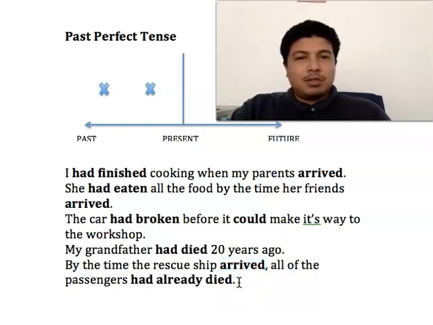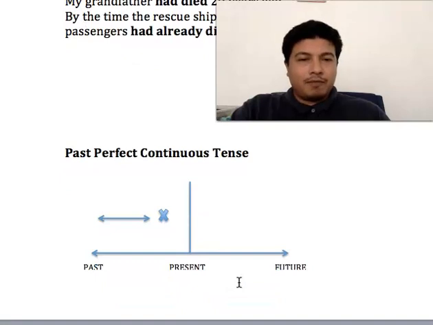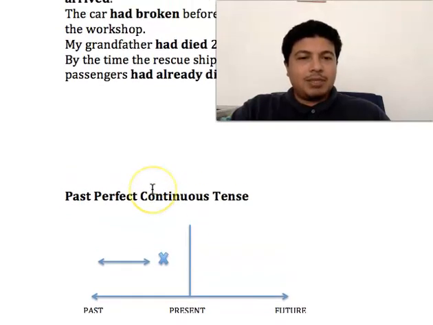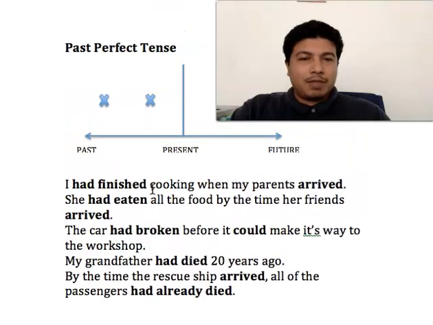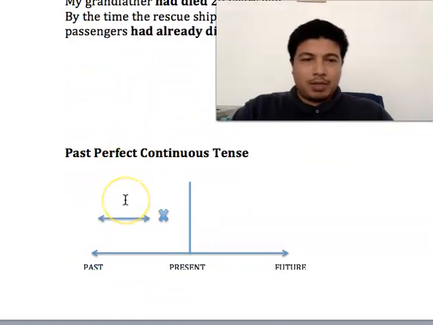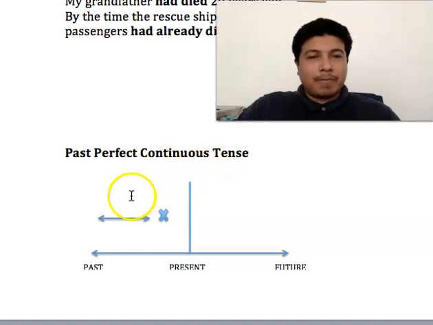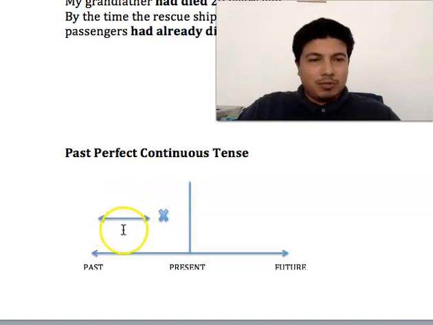Now let us move on to past perfect continuous tense. So what is past perfect continuous tense? It is similar to past perfect tense where you have two things that happen in the past. But for past perfect continuous tense, the past action that happened first was continuous.